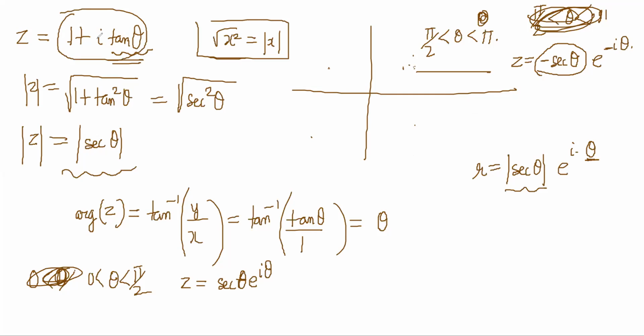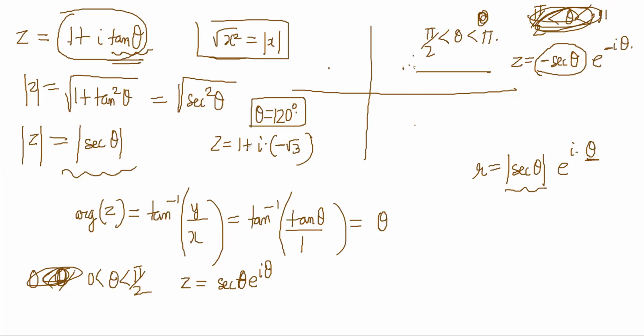Are you understanding? See what is happening. If theta is equal to 120 degree, what is z? z is equal to 1 plus i into tan 120 degree, which is minus root 3, since it is 180 minus 60.